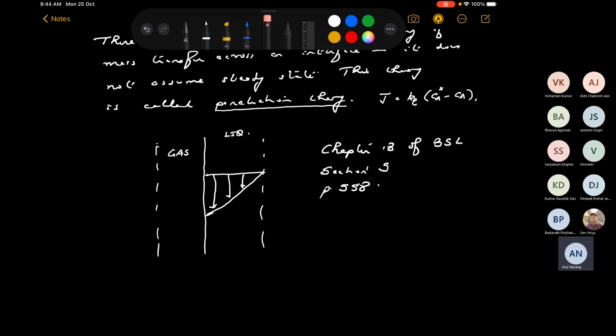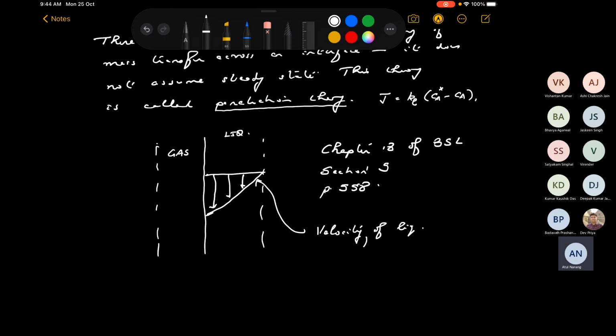In this picture, the white arrows show the velocity distribution, how the velocity of the liquid changes with distance from the interface.